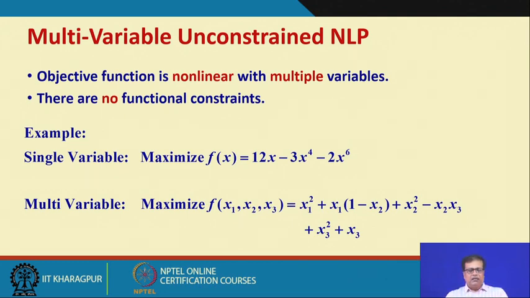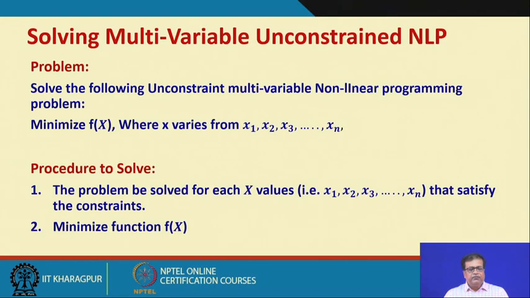As they are all unconstrained problems, we have not taken any constraints. So, basically we need to find out the maxima for these two problems, and in other situations you can have minima as well, right.